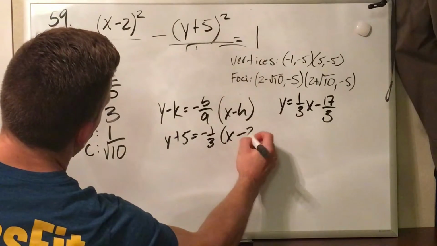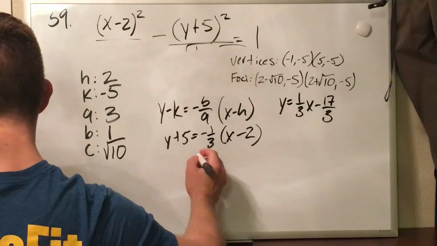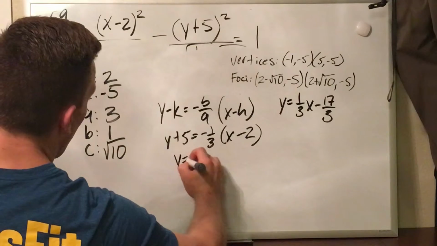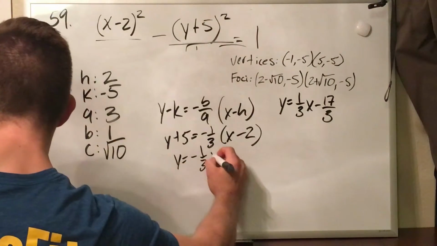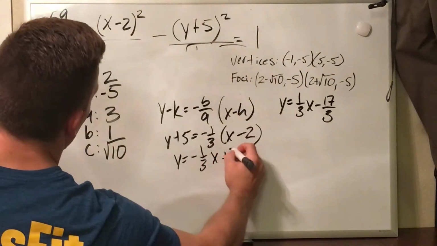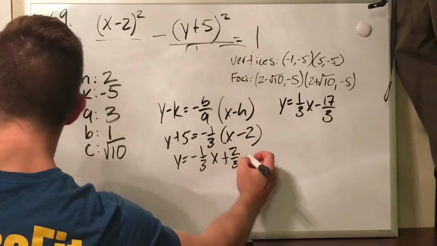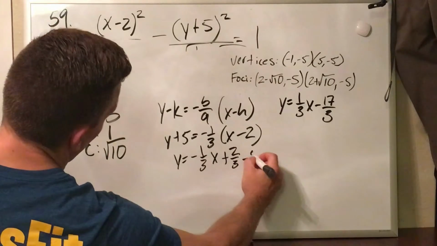Negative 1/3 of the x minus 2. y equals negative 1/3 x plus 2 over 3 minus 5.